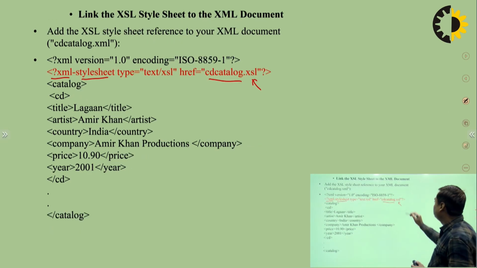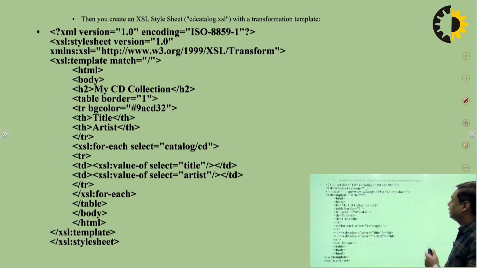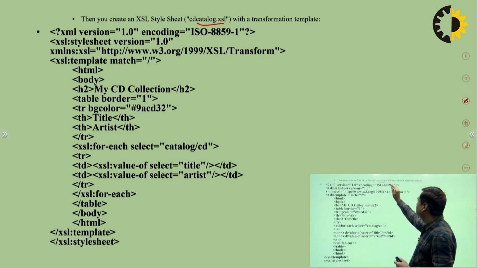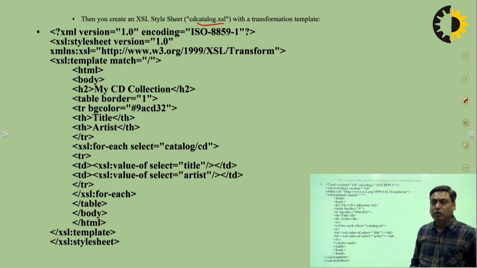Now we are going to look at what is in cdcatalog.xsl. This is the content of cdcatalog.xsl. It is a type of XML plus HTML. Basically, more or less it is also a type of XML format.